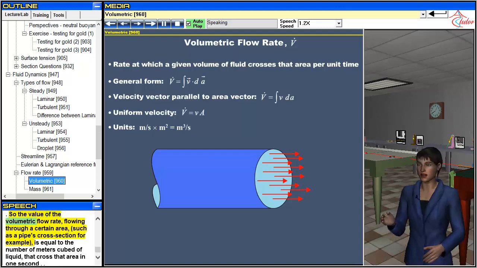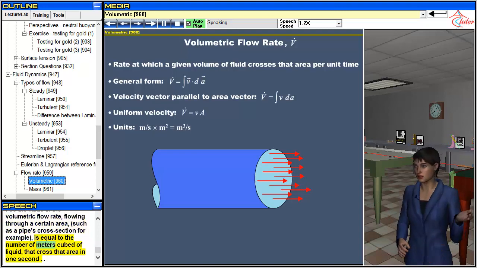So the value of the volumetric flow rate flowing through a certain area, such as a pipe's cross-section for example, is equal to the number of meters cubed of liquid that cross that area in 1 second.